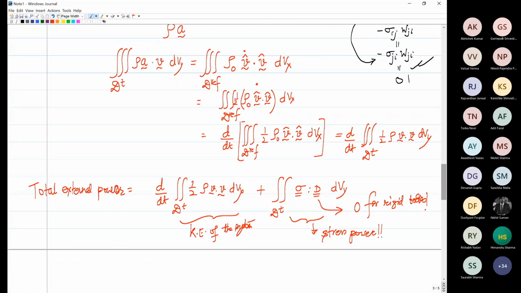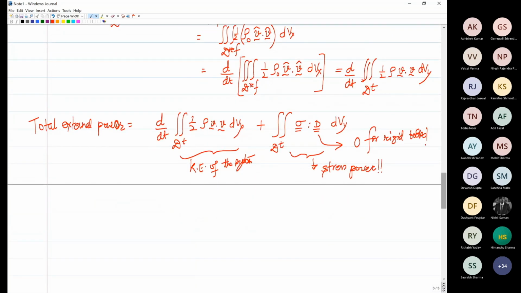This allows you to find out what's called, sometimes they also say it's work conjugate. There is something called work conjugate stress and strains. Work conjugate stress strain pairs.